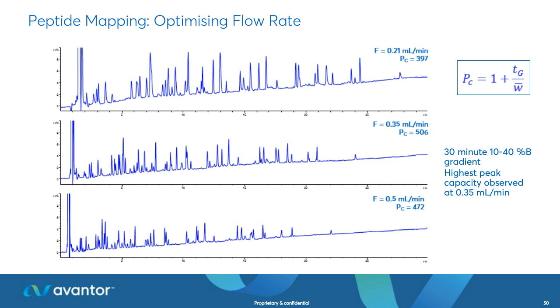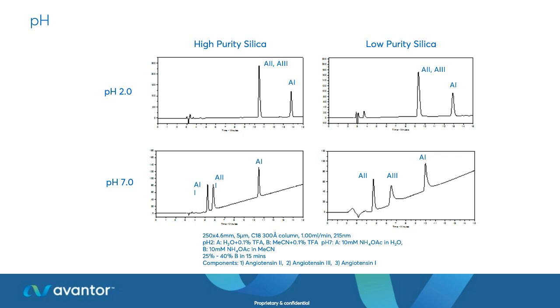Also want to look at pH. For proteins, you've got that pI, so you can work at above their pI or below their pI, and you'll get different ionization on the column. You can see most of the applications are at low pH, but you do get significant changes in selectivity if you change the pH.